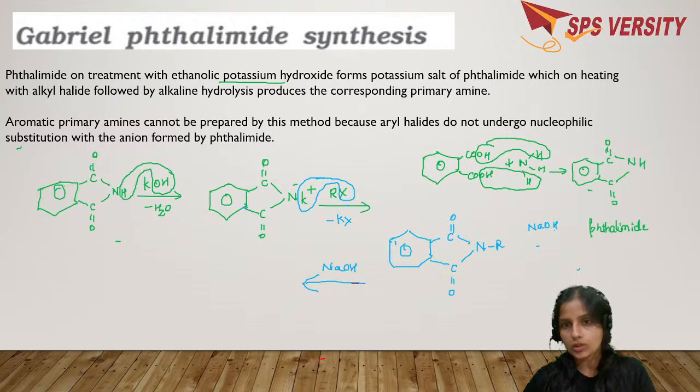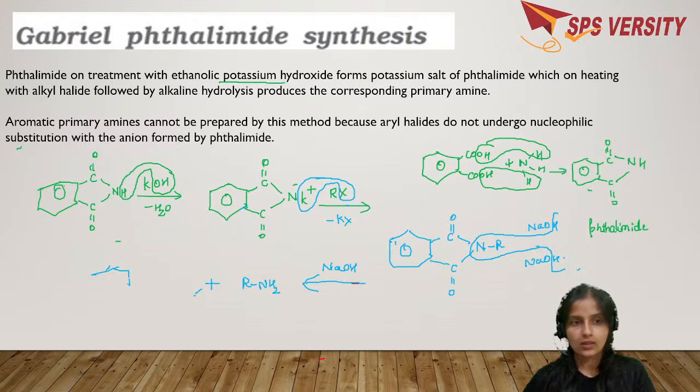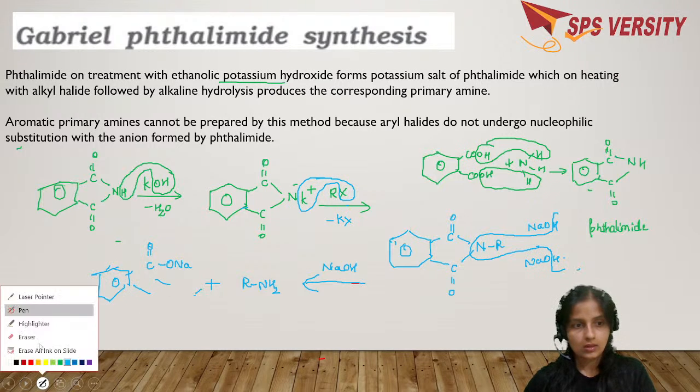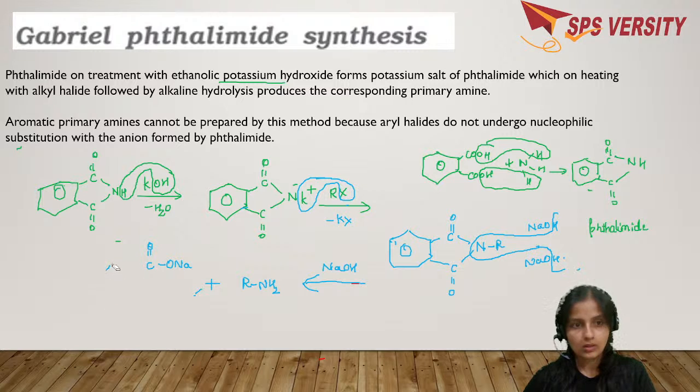Say I'm treating it with NaOH, which contains ONa, so this will go together as R NH2, plus you're going to get the disodium salt of phthalic acid, that's COONa, and here also COONa. By this method, you can get the primary aliphatic amine.